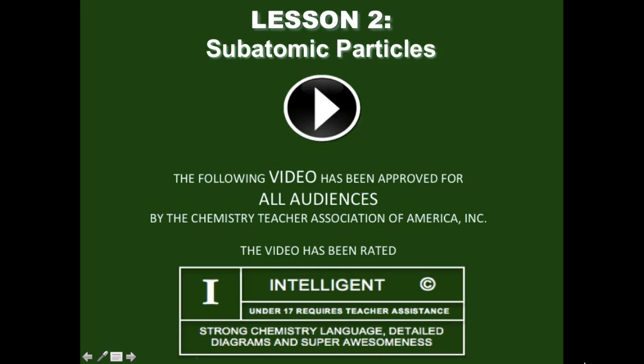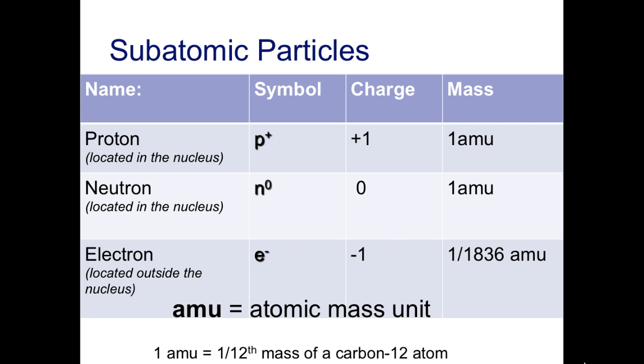Alright guys, let's talk about lesson 2, which talks about subatomic particles. There are 3 subatomic particles that are found in the atom. The first one's called the proton. The symbol that we use to describe the proton is this P with a superscript of a plus sign.